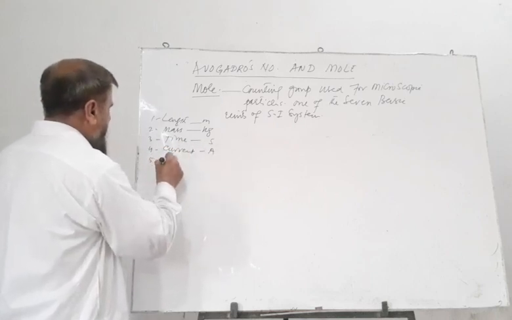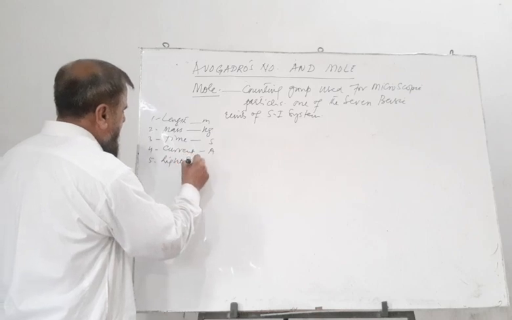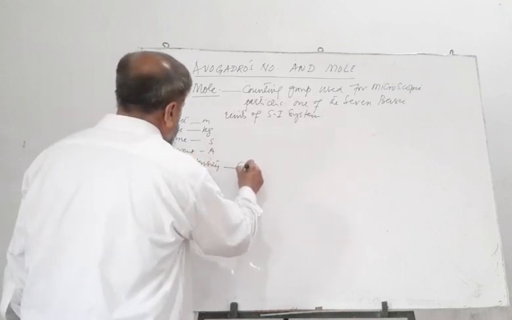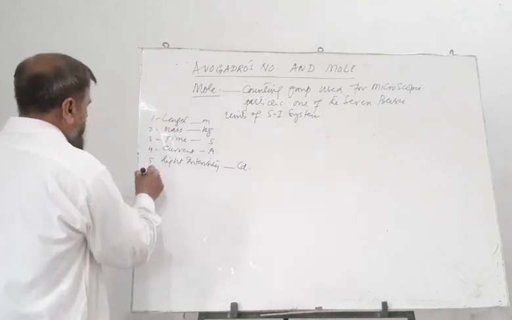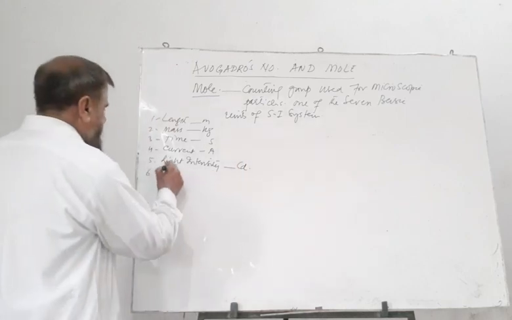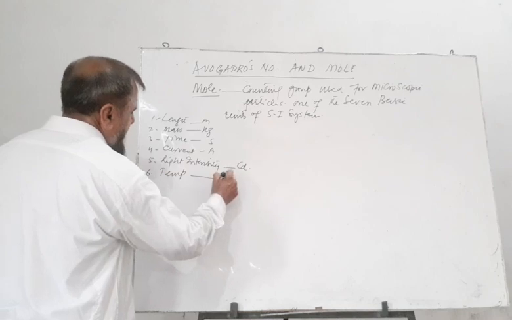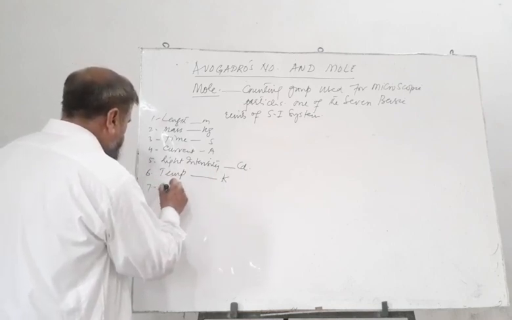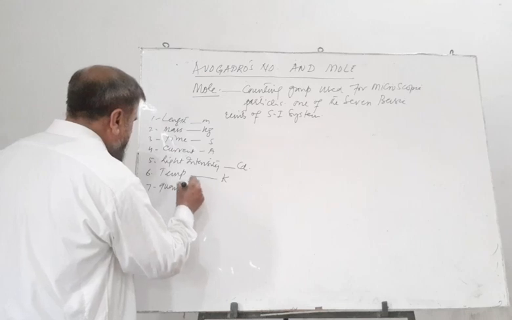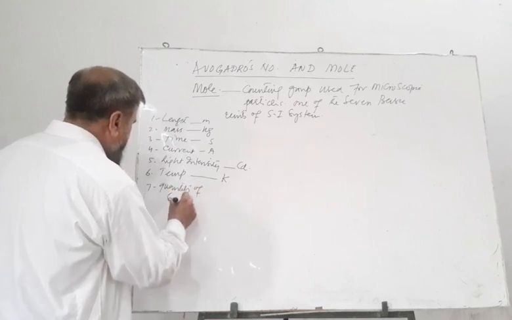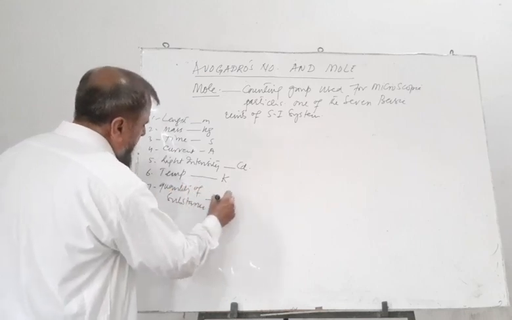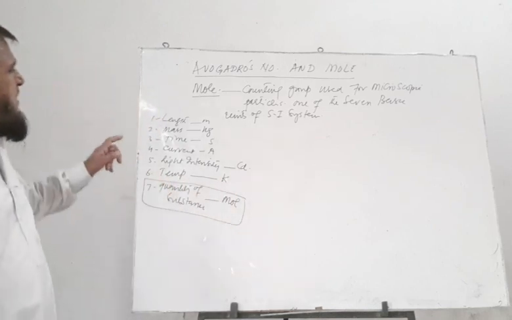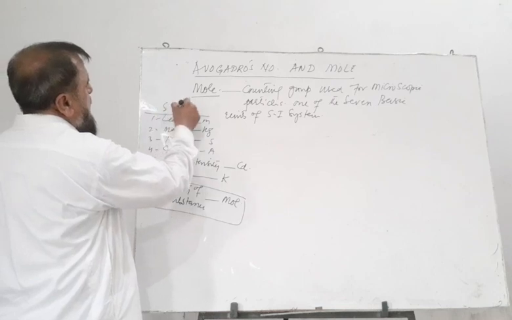Fifth is the unit of light intensity, candela. Sixth is the unit of temperature, which is Kelvin, and seventh is the unit of quantity of substance, which is called mole. So mole is one of the 7 units in the SI system.